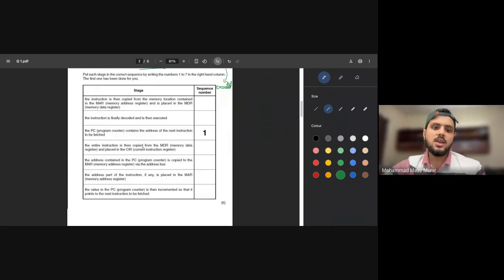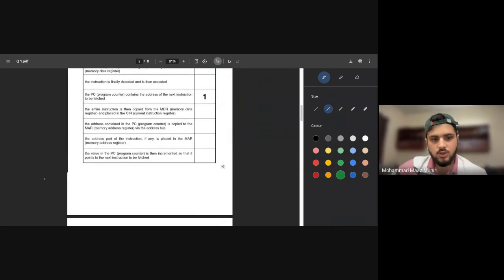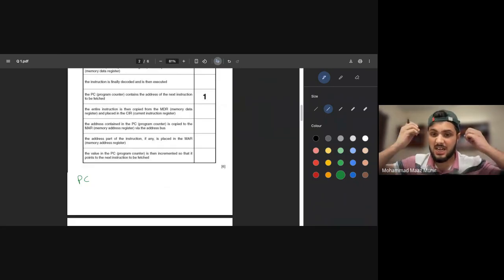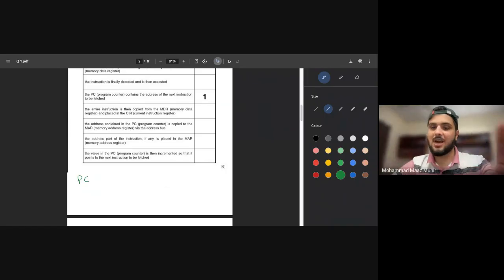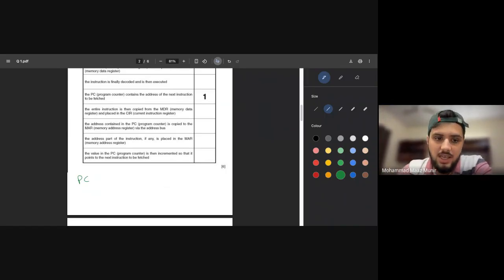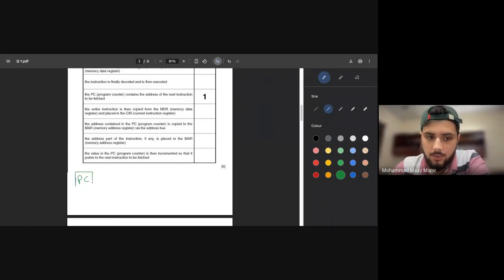So now, when you have a computer program, the first thing there is something known as program counter, PC. And this is something which you're going to be hating because I personally hated this a lot. This is one of the most boring chapters. You're right, man. But now you have something known as program counter.